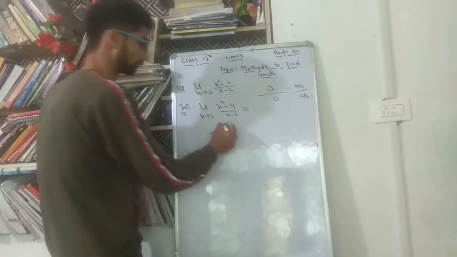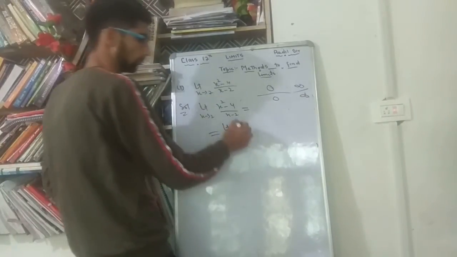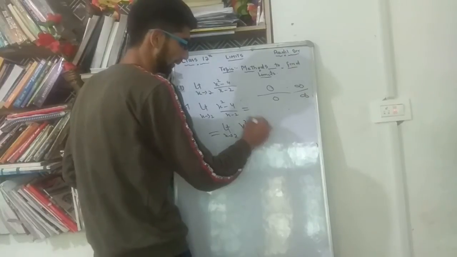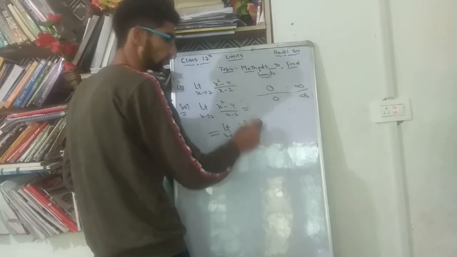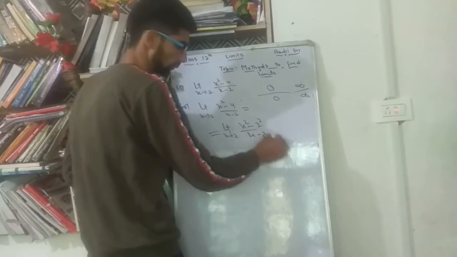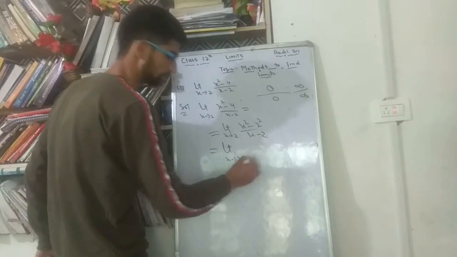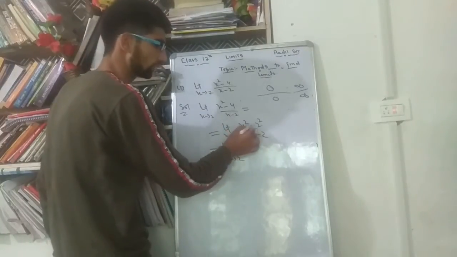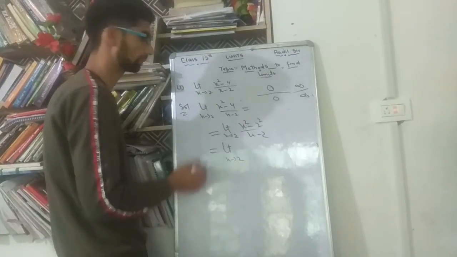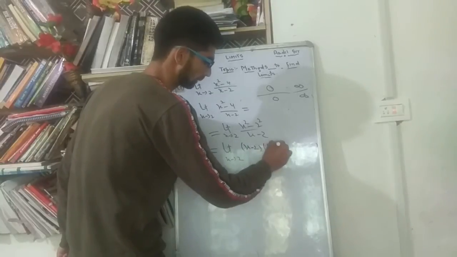We have limit x tends to 2, x square minus 4, that is x square minus 2 square, divided by x minus 2. Using a square minus b square equals a minus b into a plus b, it will be x minus 2 into x plus 2.